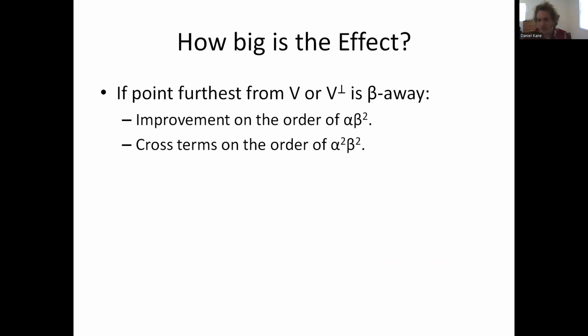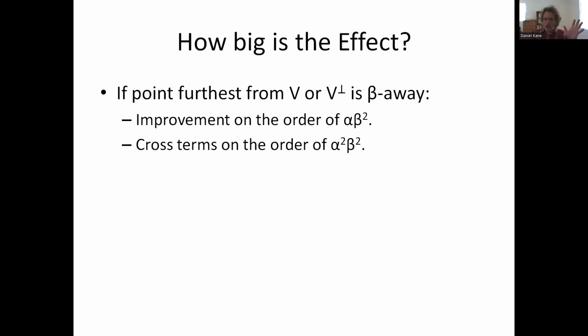Okay, but to really understand this, we need to analyze the effect a little more carefully. How big an effect this transformation makes depends on this parameter beta, which is the furthest that any point is from being either exactly in the subspace V or exactly in the subspace V perp. If the points are very close to the appropriate subspace, then applying the matrix C doesn't do very much.